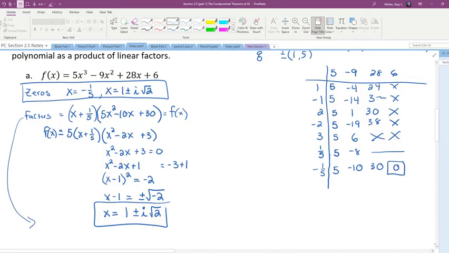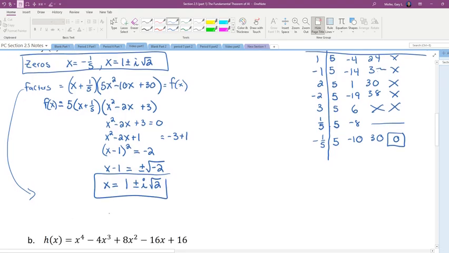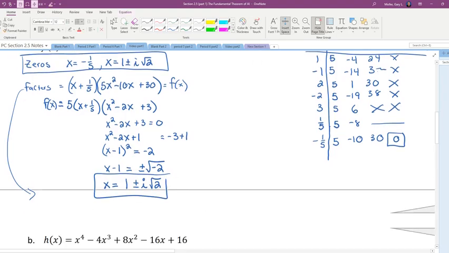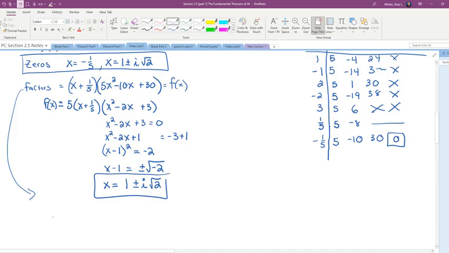Right now, I have factored this into f of x equals 5 times x plus 1/5. And now I need to figure out how to write these zeros as factors.